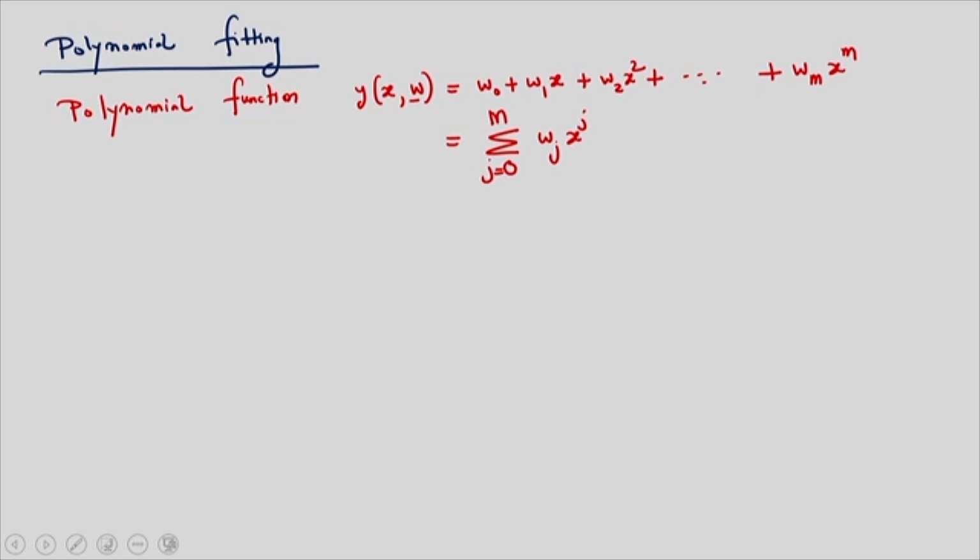In this case, m is the order of the polynomial.